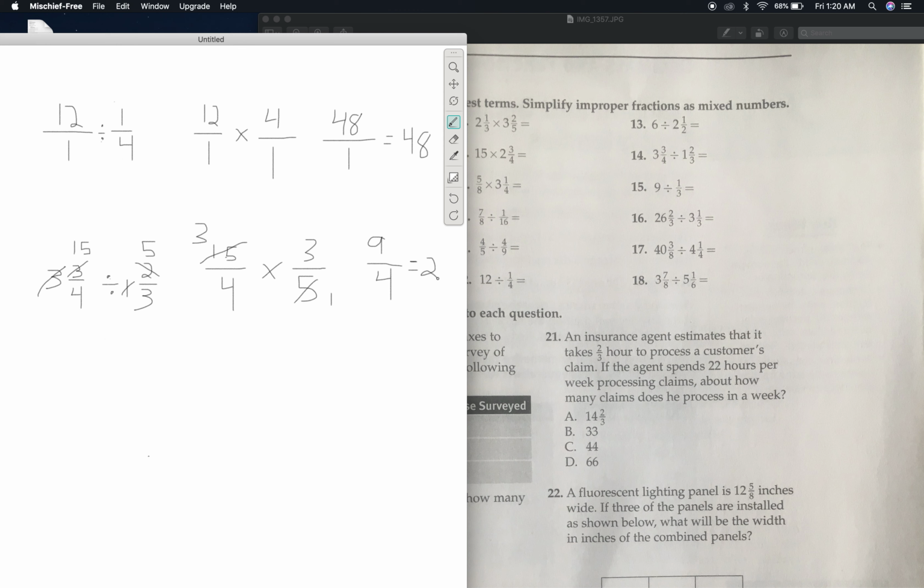We know that 2 times 4 is 8, so there's 1 left over. So 2 and 1 remaining. We put the 1 over the denominator right there. That's always how you solve an improper fraction. Keep getting those mixed up. Like I said, it is 1 o'clock at night.